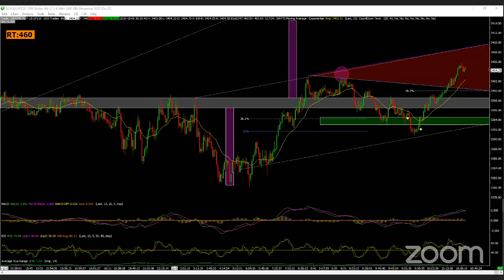See the volume so far, 400,000 contracts traded. I guess they're all waiting on Powell's announcement before trading.